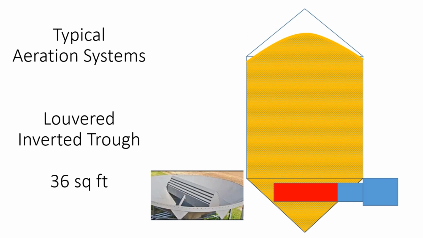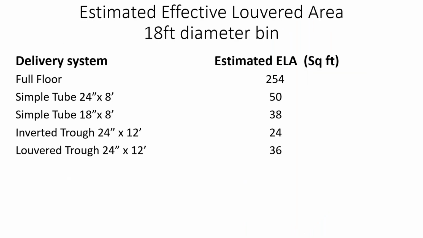The louvered inverted trough is an upgrade to the basic inverted trough, and it has the addition of additional airflow passages on the top of the trough. And again, just using very basic calculations, I come to about 36 square feet.